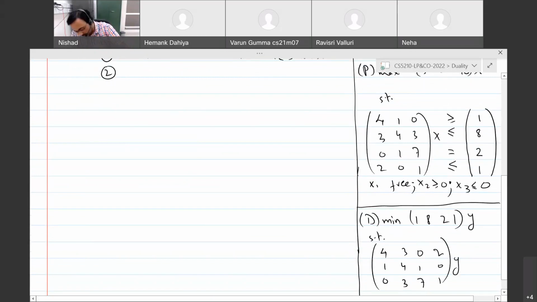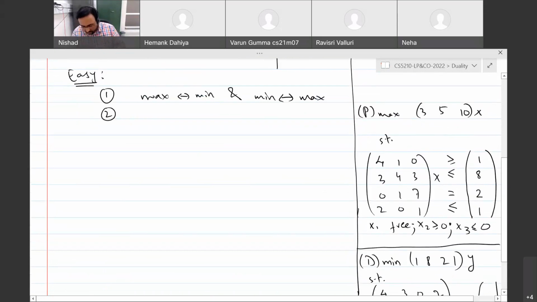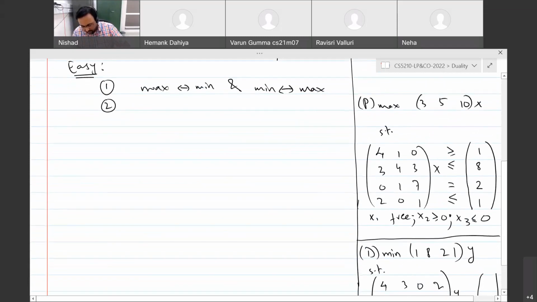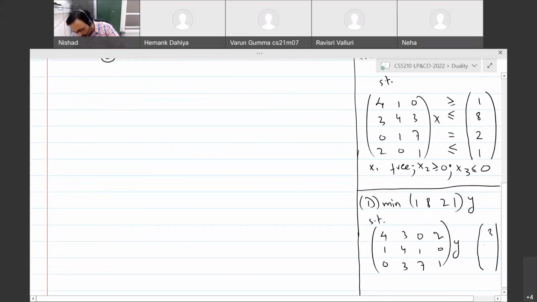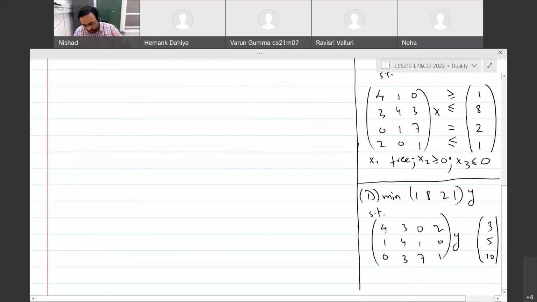We get some constraints. We don't know what they are. We are still going to figure that out. And the objective function in the previous one was 3, 5, 10, so we get 3, 5, 10 over here. And we need to figure out the variables y1, y2, y3, y4, whether they are free or not, so I will not write them down. I'll just say y1, y2, y3, and y4.